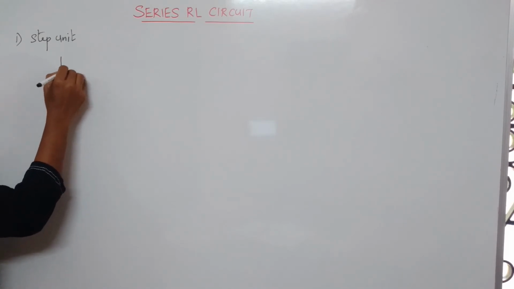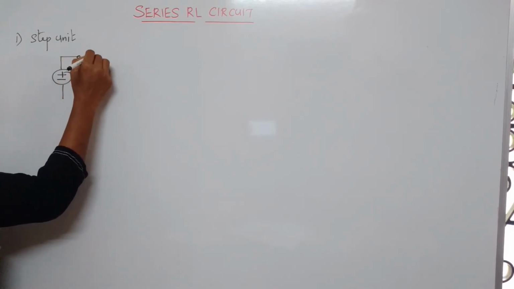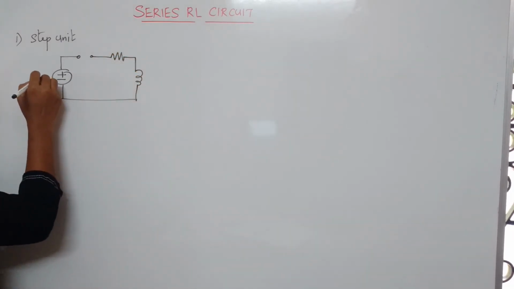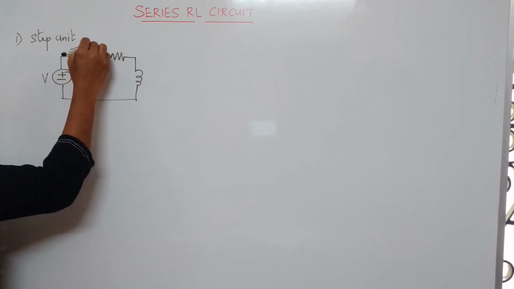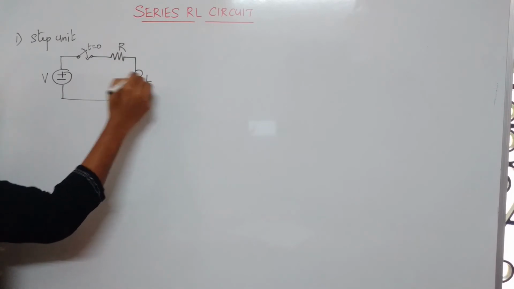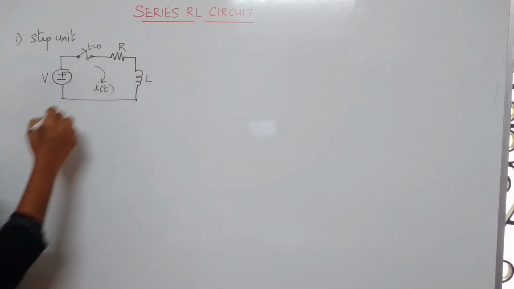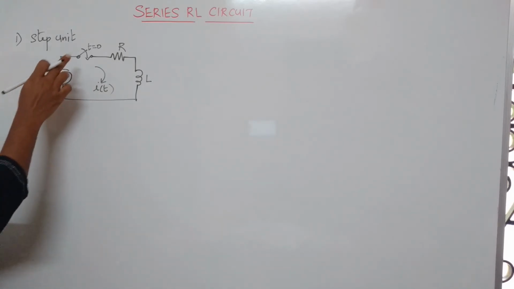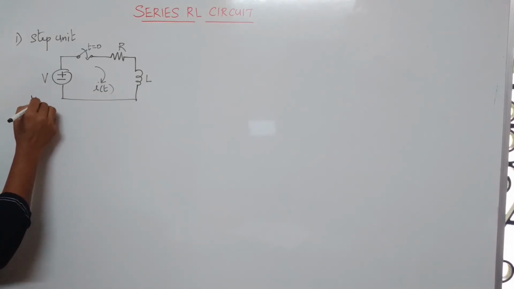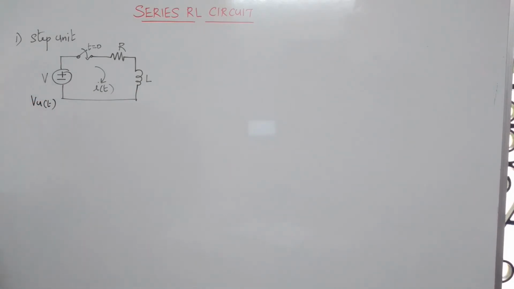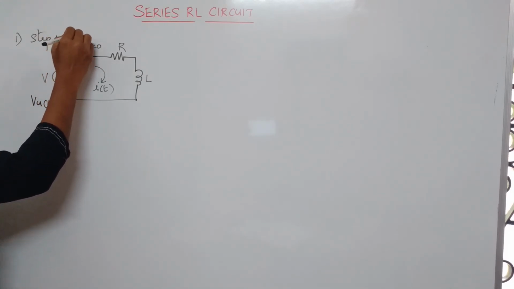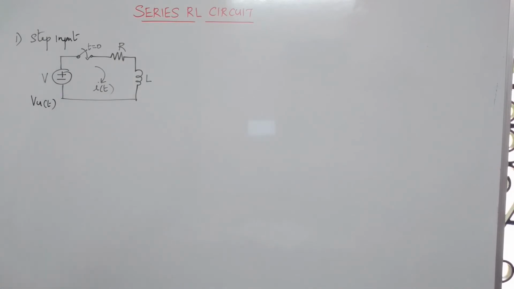So this V with a switch which closes at t equal to 0 can be written as V into u of t. So we have an RL series circuit across which a step input of V into u of t is applied. Oh, this is not unit, this is V.